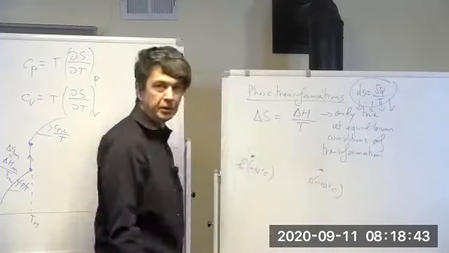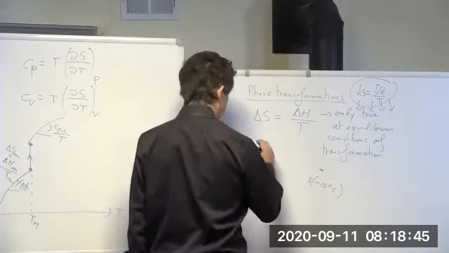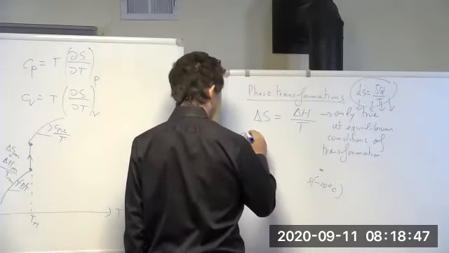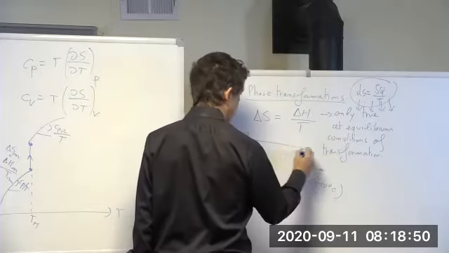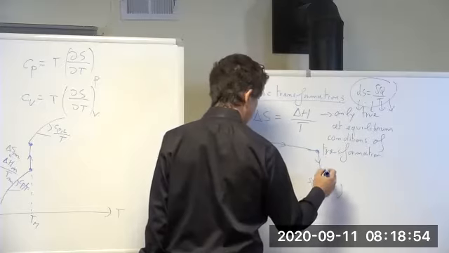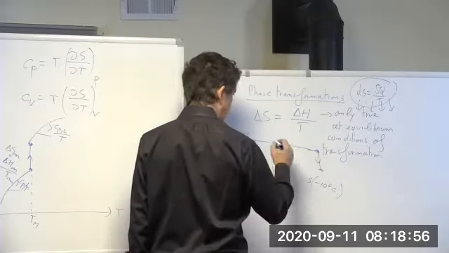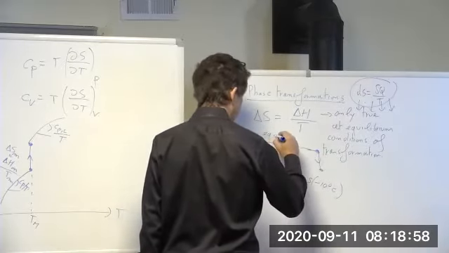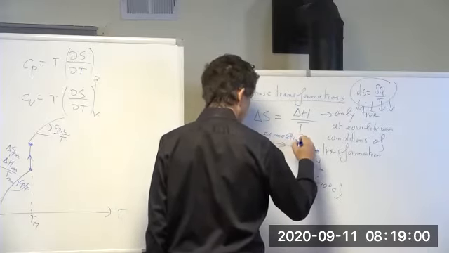How do I find an equilibrium path? Well, I heat this back up to 0, which is the equilibrium temperature. I transform it at 0, and I cool this down from 0 to -10, right? So now you have equilibrium melting here, so you can calculate the transition.